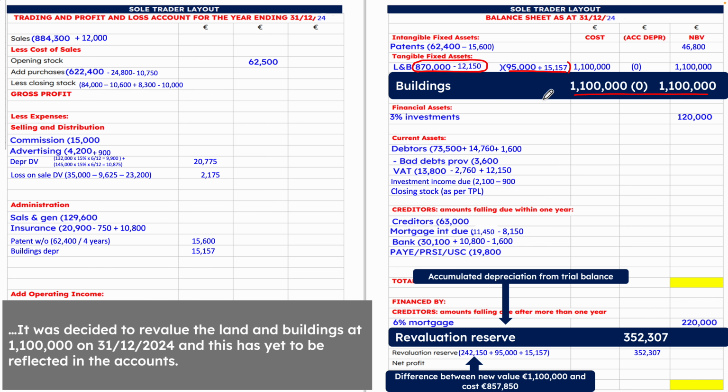And then we added the 95,000 euro back in, and then we added the 15,157 in as well. And so altogether there, 352,307. Okay, so there was a lot to that land and buildings adjustment, but break it down sentence by sentence until you have each part finished and then move on.